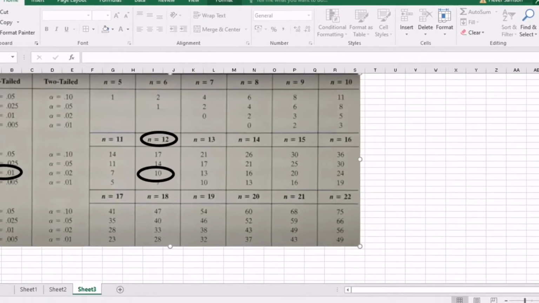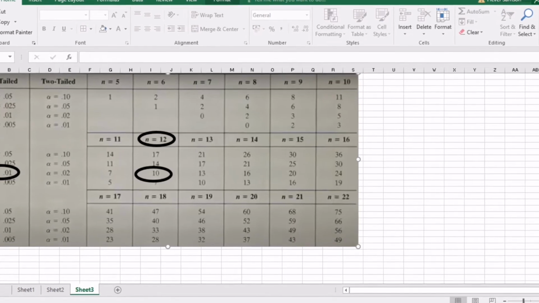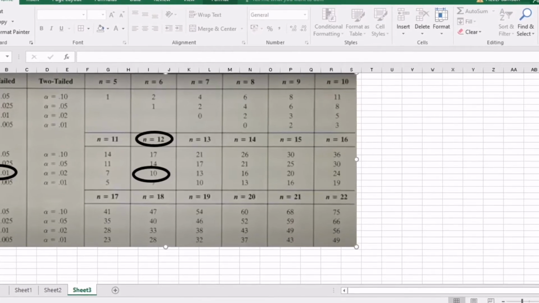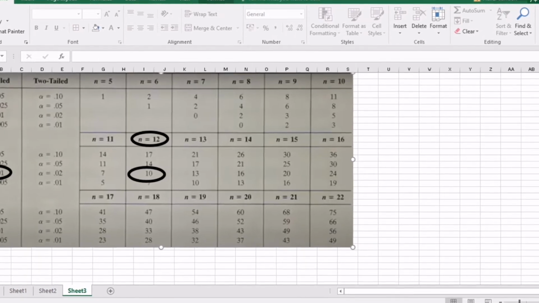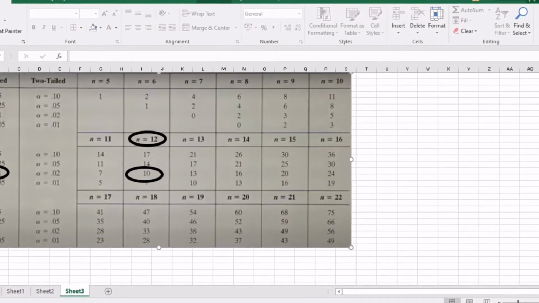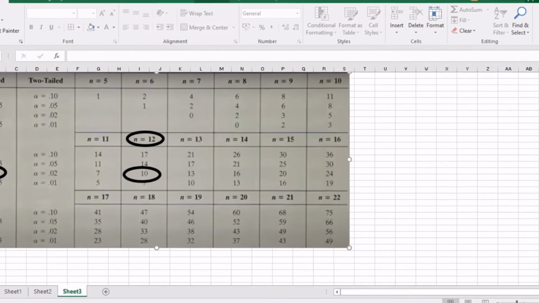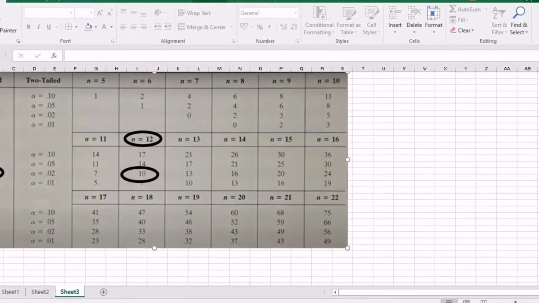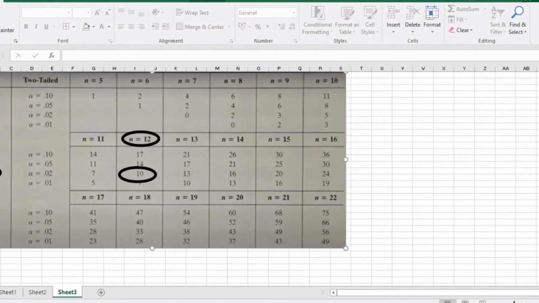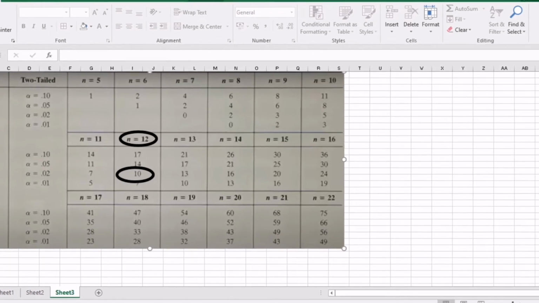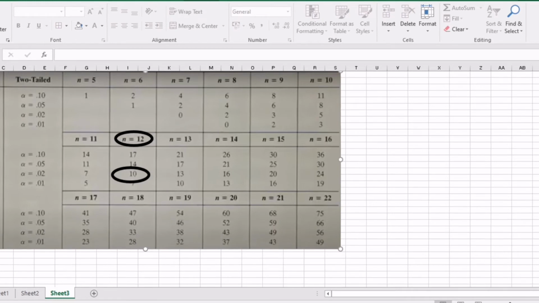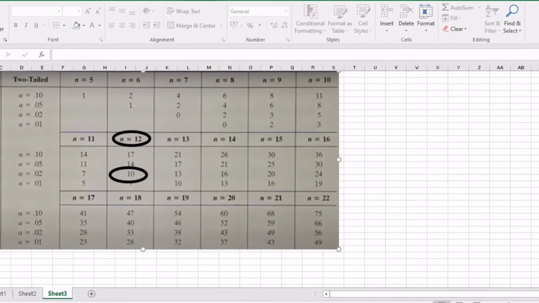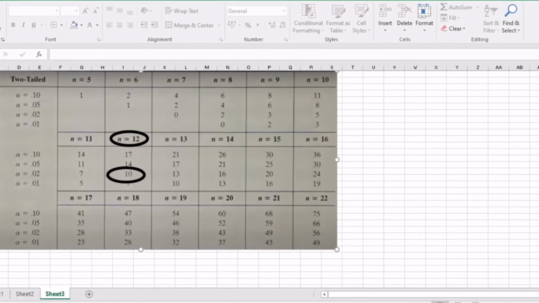It says 1% for the one-tailed test. So for the one-tailed test, this is 0.01, and the value corresponding to it is 10. Therefore, the critical value is equal to 10.